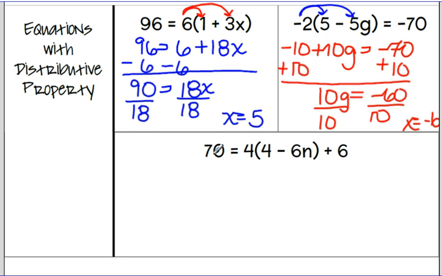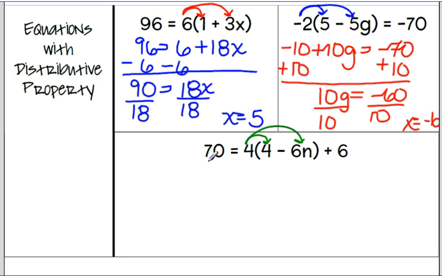Okay, one more of these. So 70 equals 4, and in parentheses 4 minus 6n, close parentheses, plus 6. So keeping in mind that we are only distributing this 4 to what's inside the parentheses, so it's going to go to that 4 and to the negative 6n. But since this positive 6 isn't in the parentheses, then we're just going to bring that down as another constant.